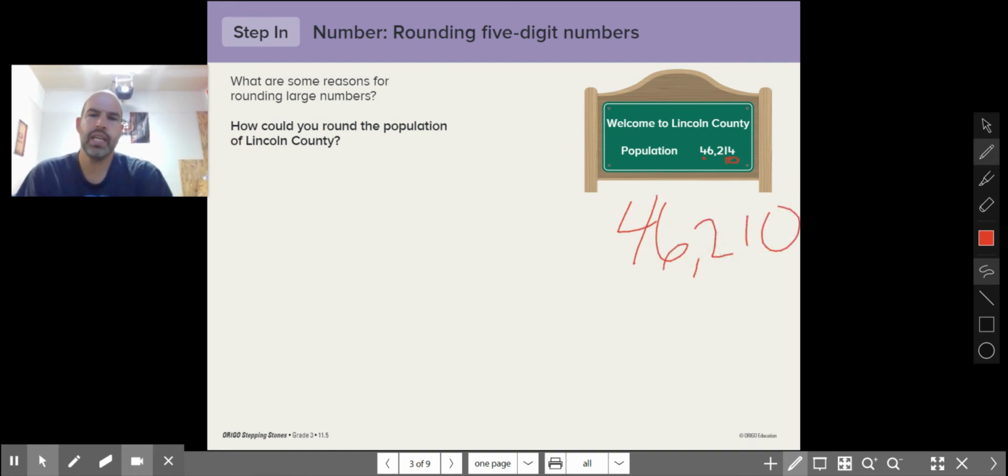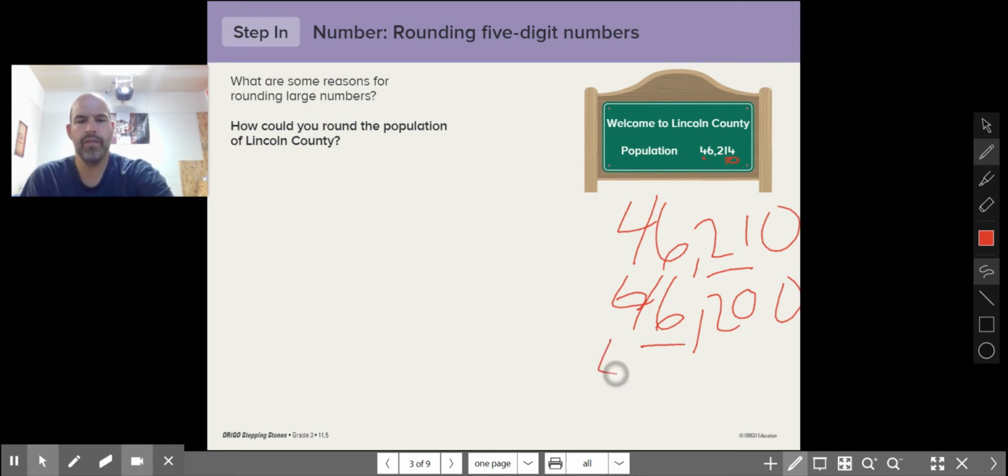46,210, but let's say we want to round it to the nearest 100. So we would look over here, right? And say, well, that would be 46,200. And if we wanted to round to the nearest 1,000, we could look here at the thousands place value and say 46,000. All right.